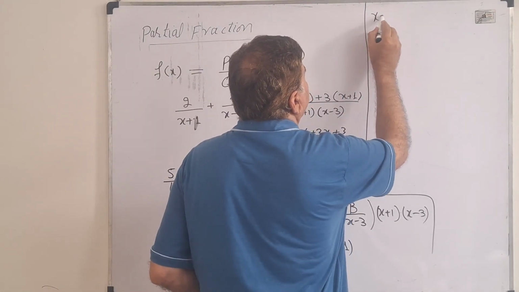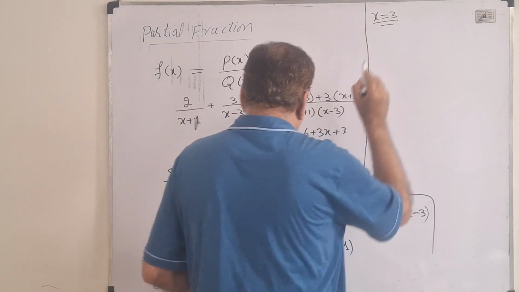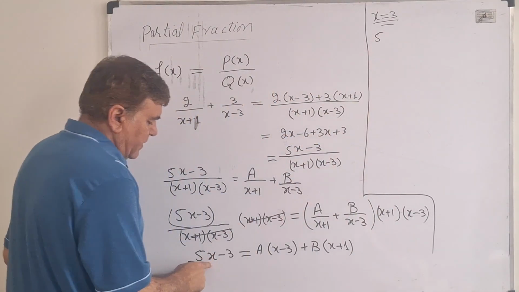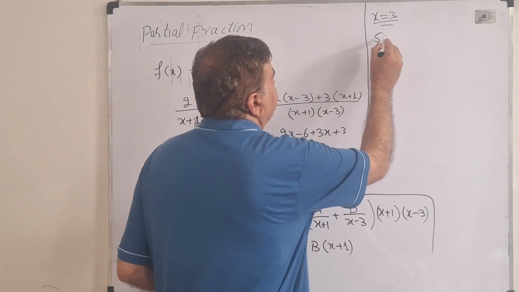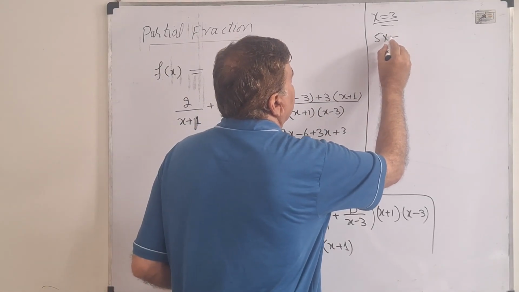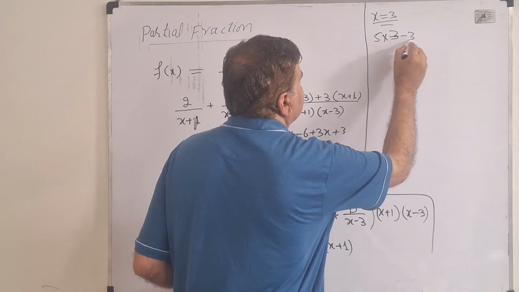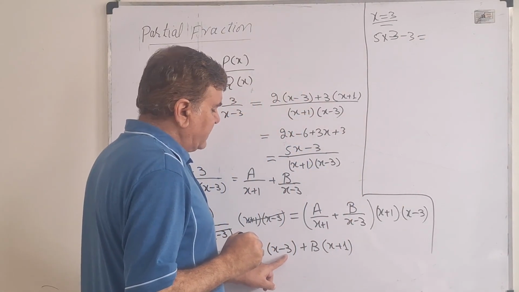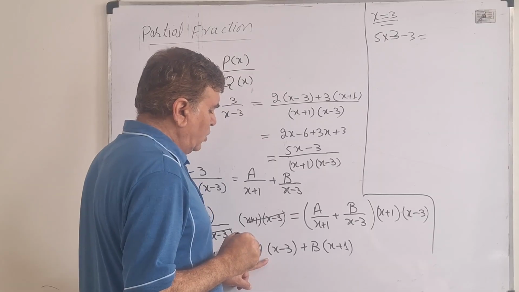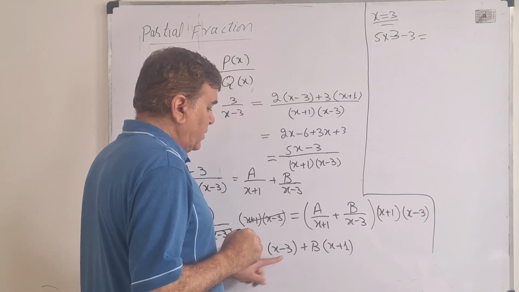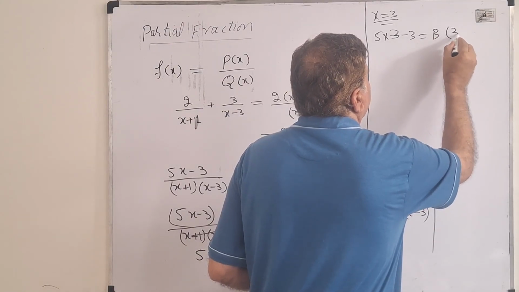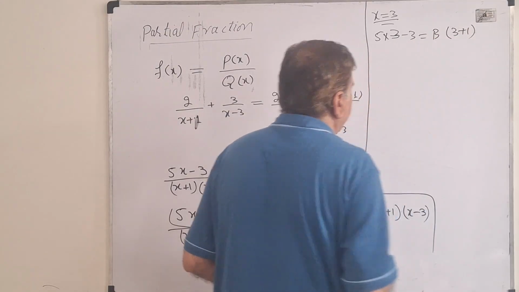So if I use x equals 3 in this equation, I can write 5 multiplied by 3 minus 3 equals, and when x is equal to 3, 3 minus 3 is 0, so this whole term goes to 0, and I'm left with b into 3 plus 1.